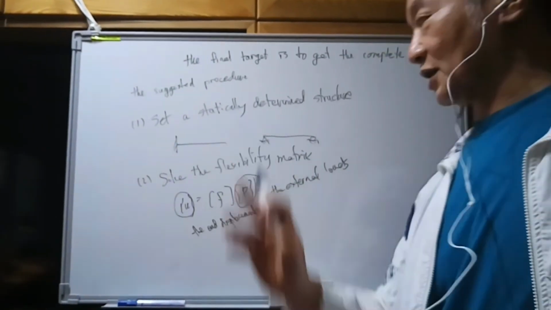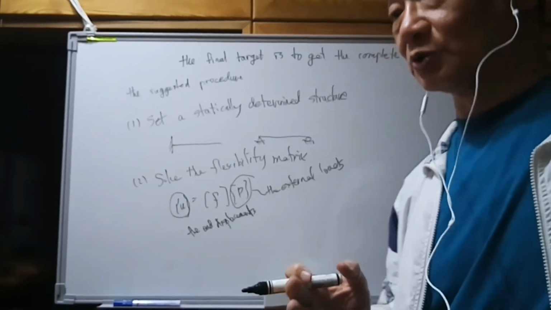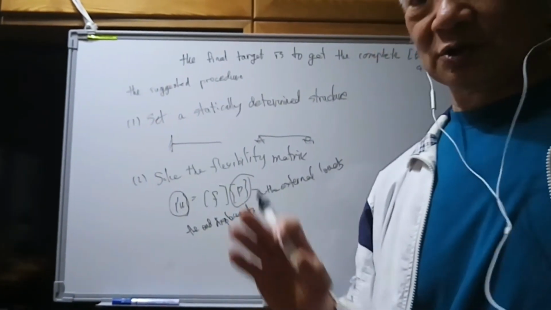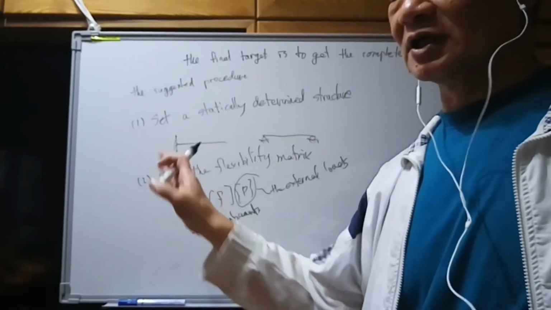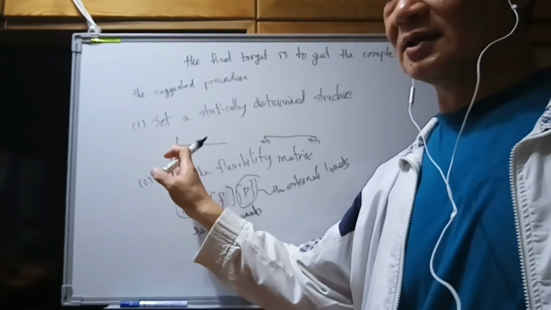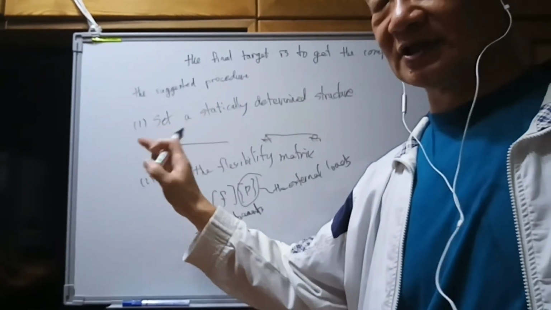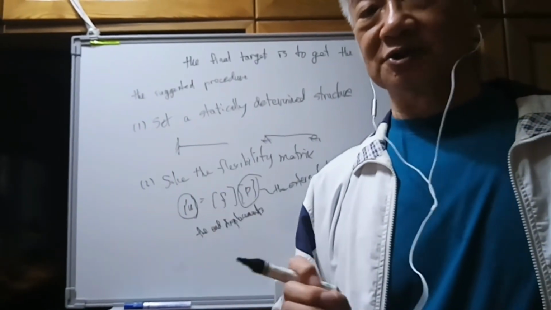Okay, so for the cantilever beam, usually we do not apply the external loads to the restrained degrees of freedom. For this case, the restrained degrees of freedom are Vi and theta i. Vi and theta i are restrained by rigid supports.